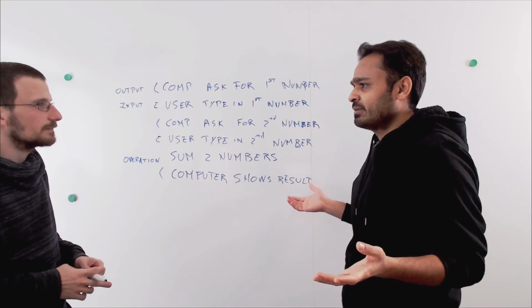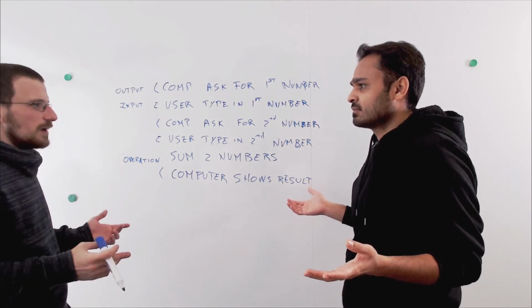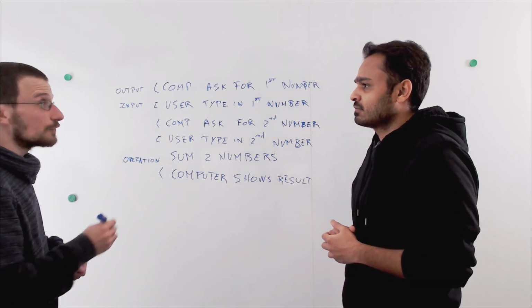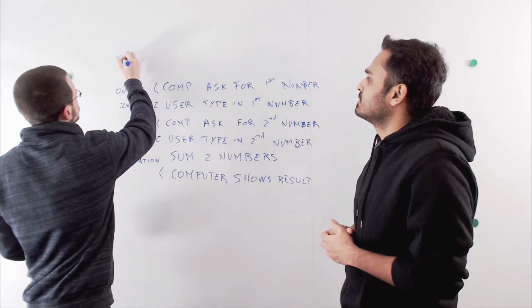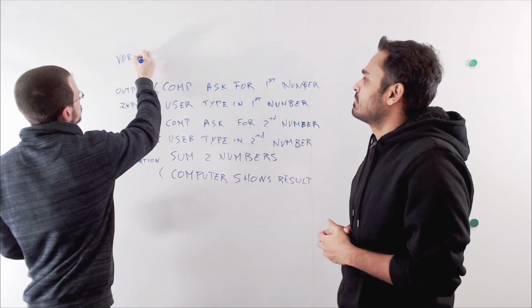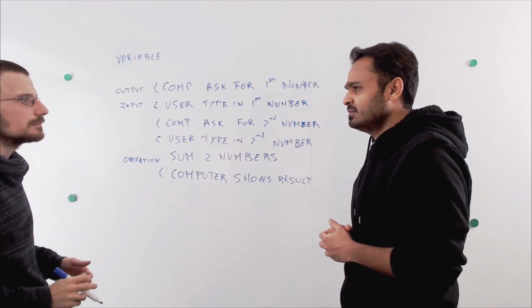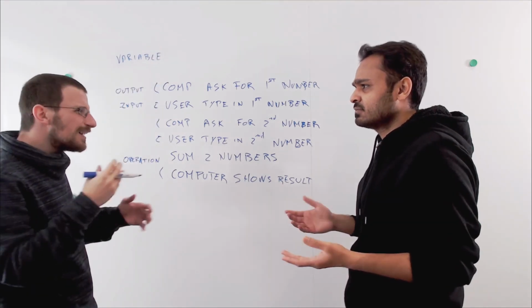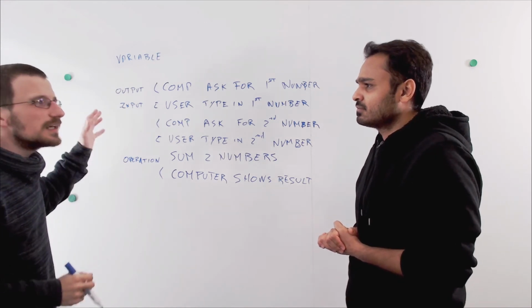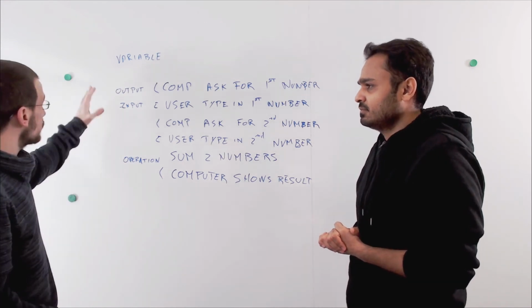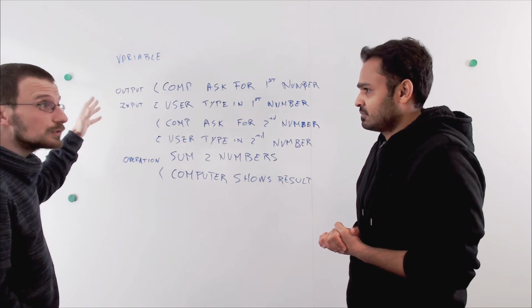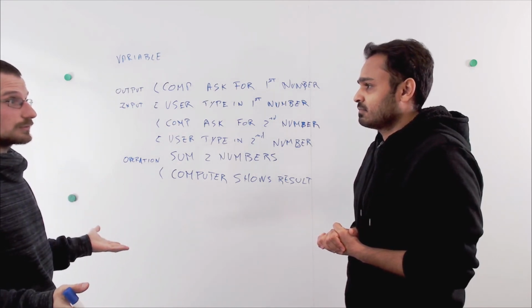And how does the computer remember these numbers? Well, we're going to use the concept of variable. And what does this variable mean? Well, we're going to dig into that in the assignment, as well as output, input, and operation.